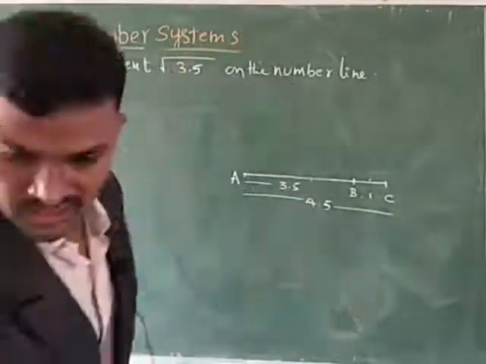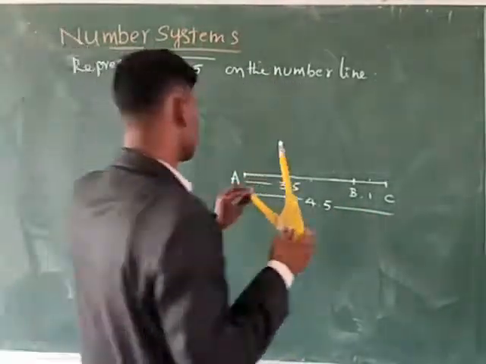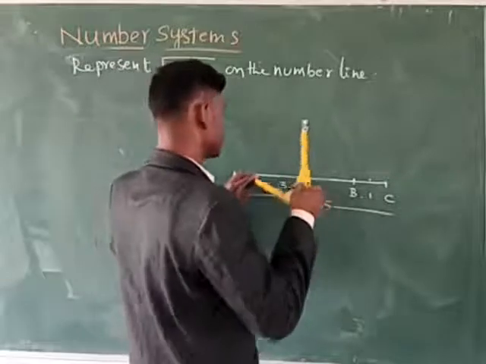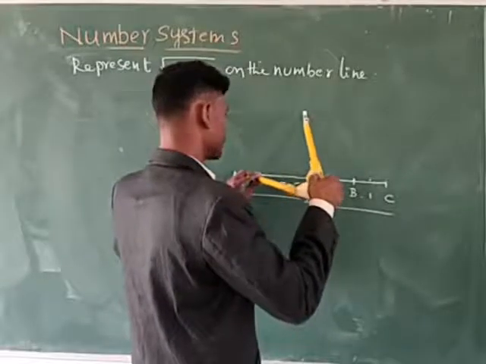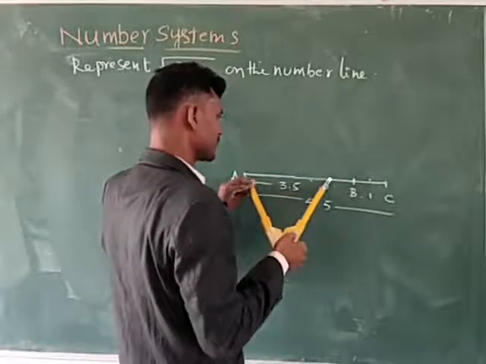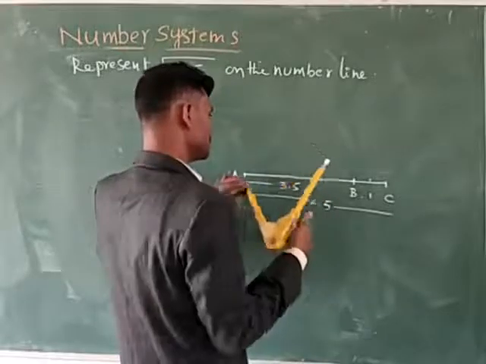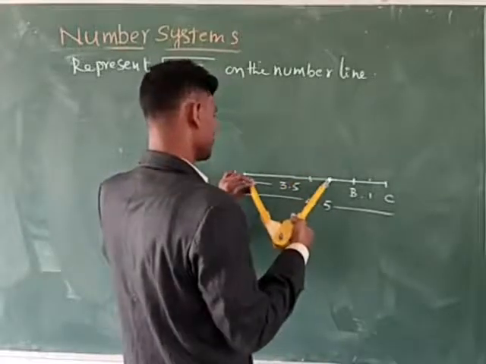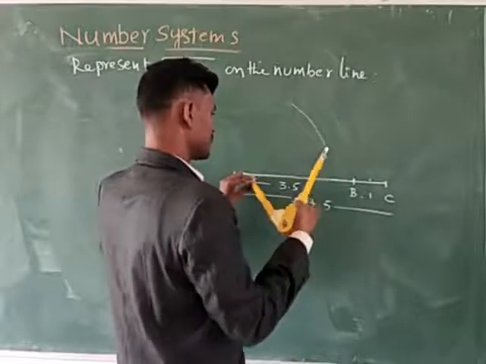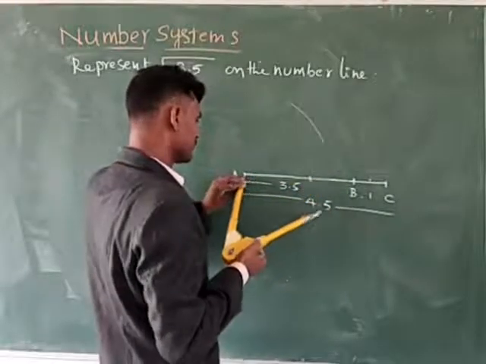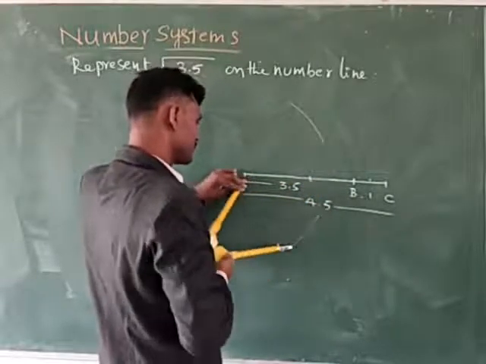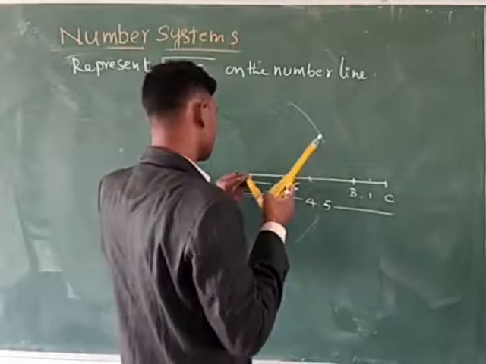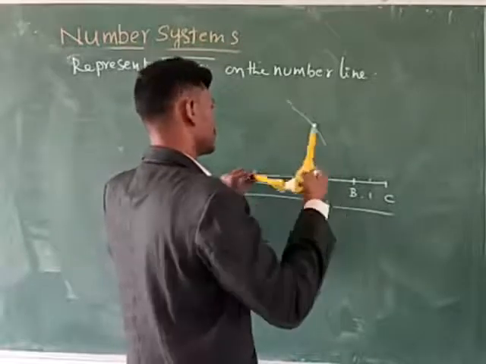Now you have to draw the bisector of AC. Bisector of AC means you have to take more than half of the length. Here, suppose this is half, you take more than half. You can take here this line. Draw one arc here, and down also draw. Without shaking, you have to take here. See here one more time. This is correct.